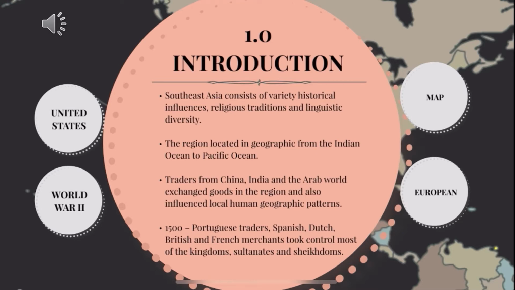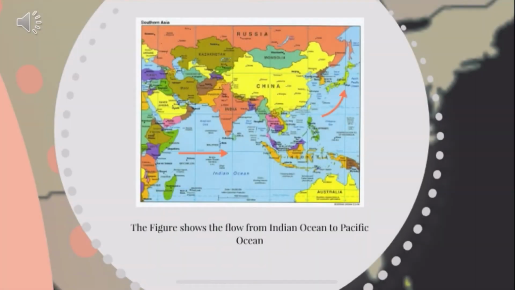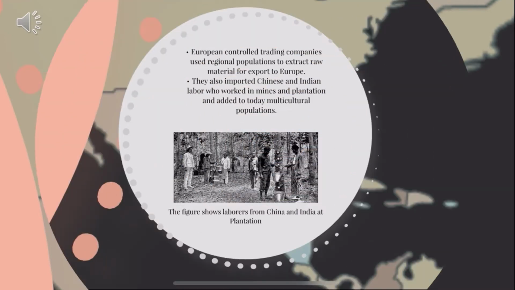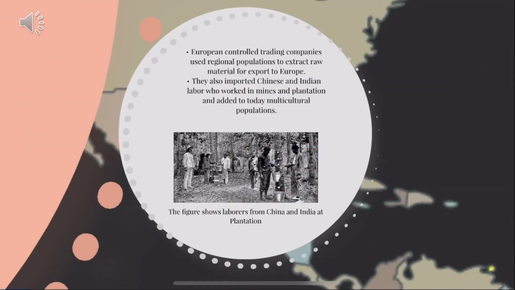In this introduction, we can see the relation of Southeast Asia with Europe, the United States, and World War II. The figure shows the flow from the Indian Ocean to the Pacific Ocean. European-controlled trading companies used the regional population to extract raw material for export to Europe.